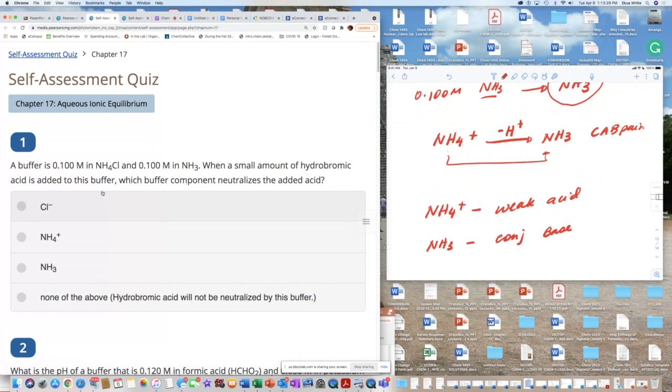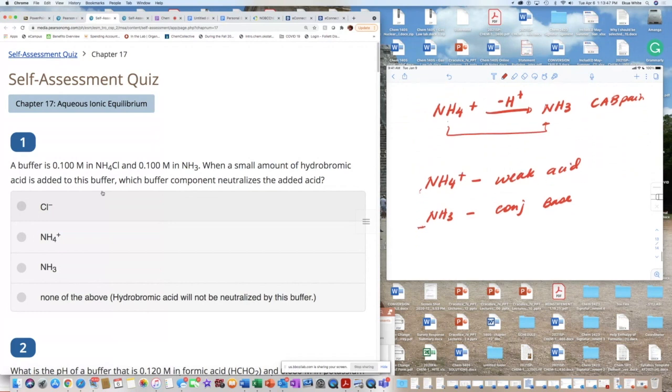The bottom line is, since they wrote the NH4Cl first, I'm going to look at it this way. This is the acid, this is the base.